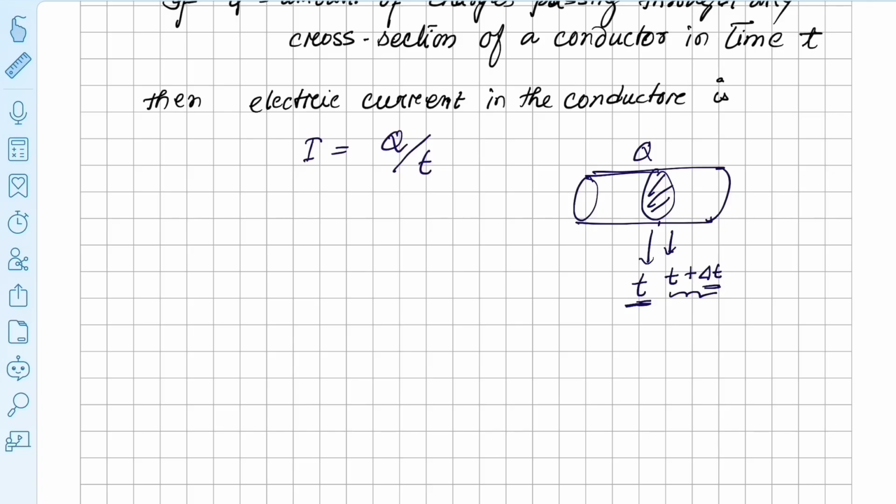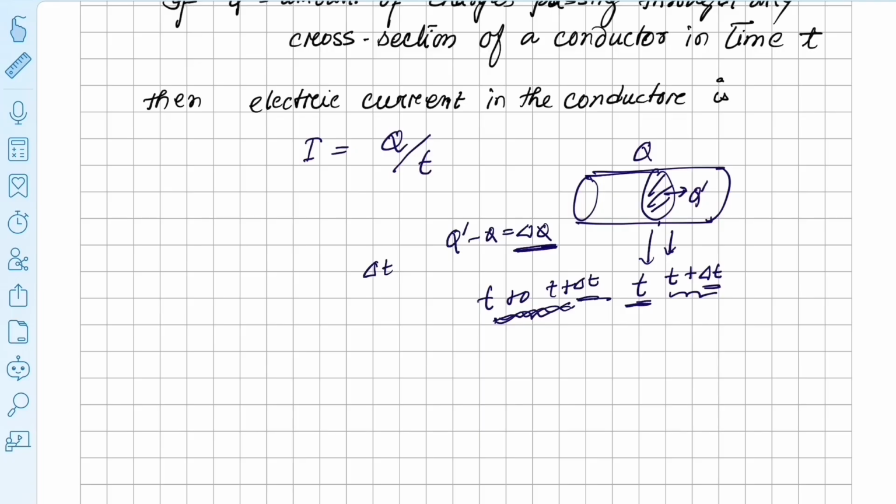At t plus del t, suppose the charge that has flowed through this cross section is Q dash. During this interval, between t and t plus del t, Q dash minus Q is suppose del q. Suppose del q amount of charge flows between these two times. That means the time interval is del t.